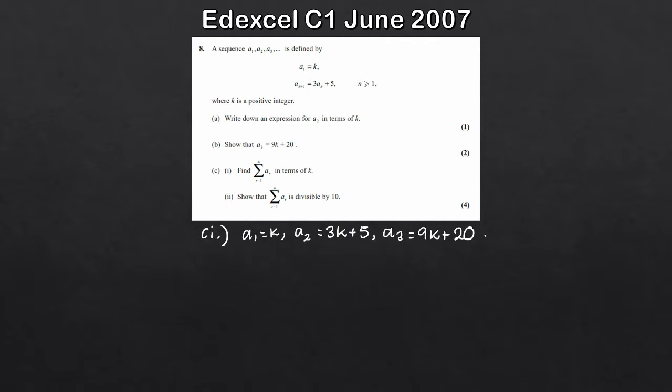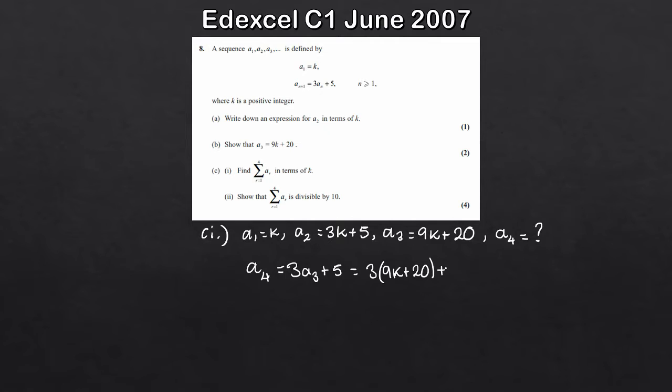So if we can find A4 now, because that's the only one we don't have, and then we just add everything up, we find the sum in terms of K. So A4 is going to be equal to 3 lots of A3, so it's 3 lots of the previous term plus 5. So that's going to be 3 lots of this, so 3 lots of 9K plus 20.